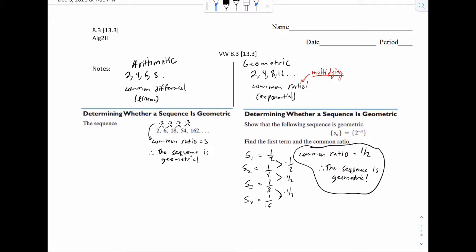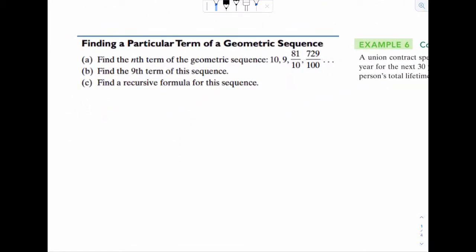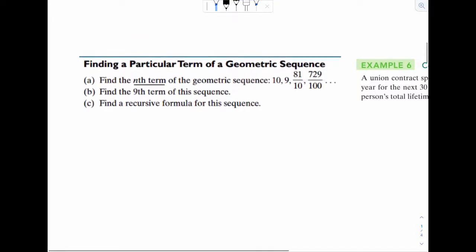So now let's go to an example problem here. Find the nth term of the geometric sequence. So again, if you see nth term, that's just another way of saying find the general formula of this sequence. So we're gonna derive it.